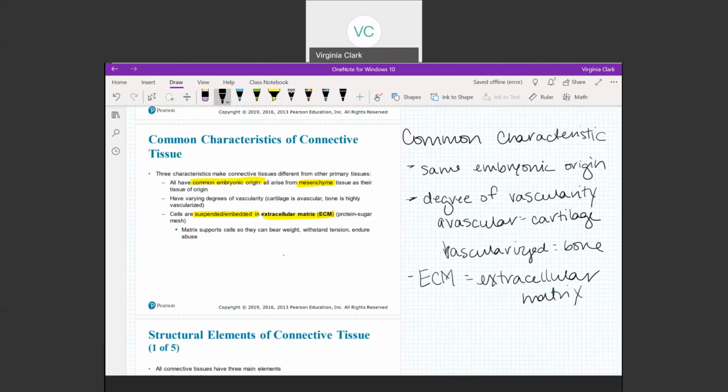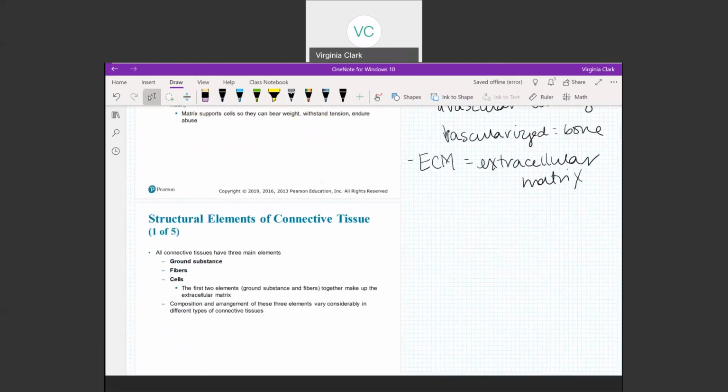What makes up this extracellular matrix? There are going to be 3 additional parts that make up this whole thing. All connective tissue, it doesn't matter which, will have three main elements that make up its structure.